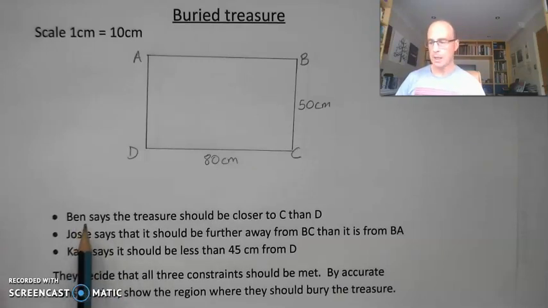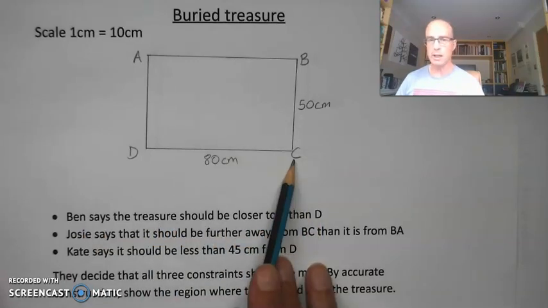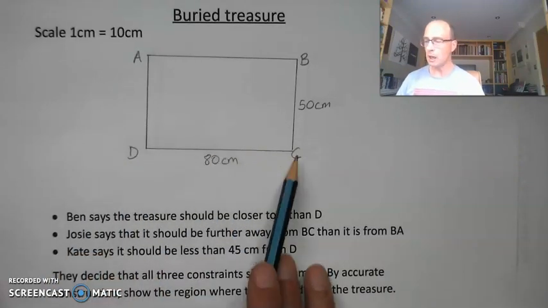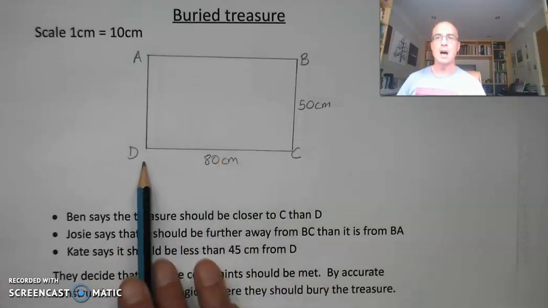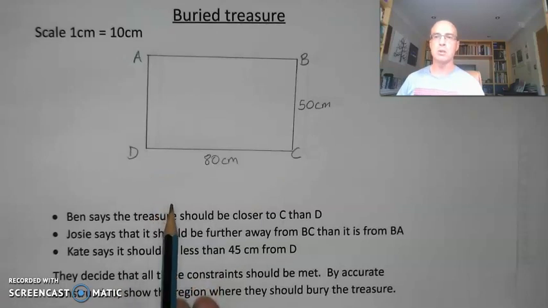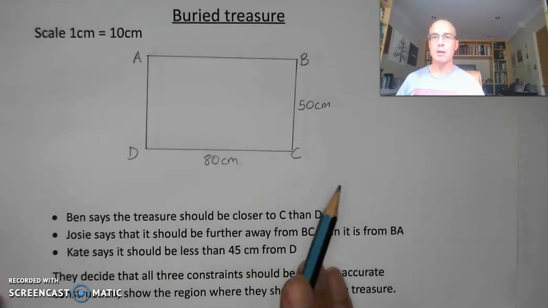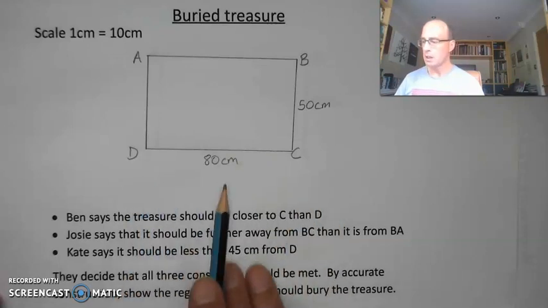So Ben wants the treasure to be closer to C than to D. So my point C is the bottom right hand part of my table, and D is my bottom left corner. So he wants it closer to C than D. When we've got these questions, what we want to think about are the boundaries. So we want to think about the points that are the same distance away from C and D. So what are they?